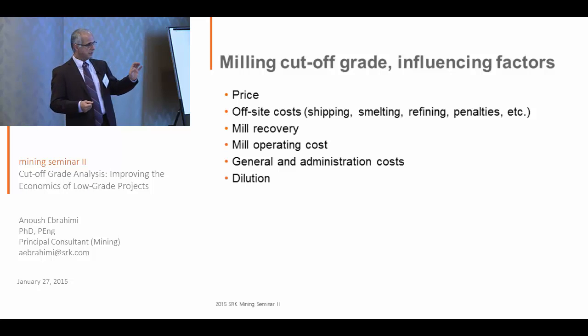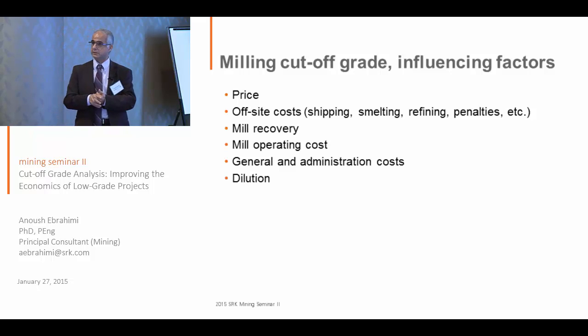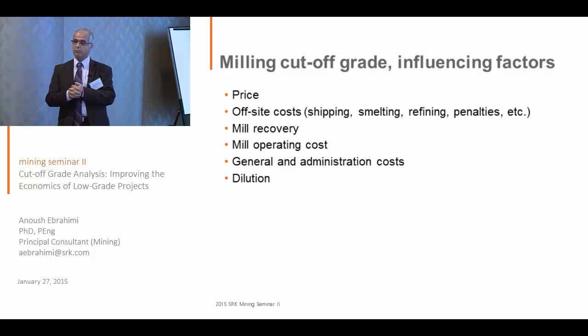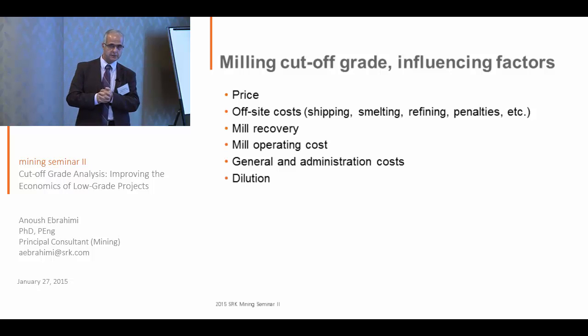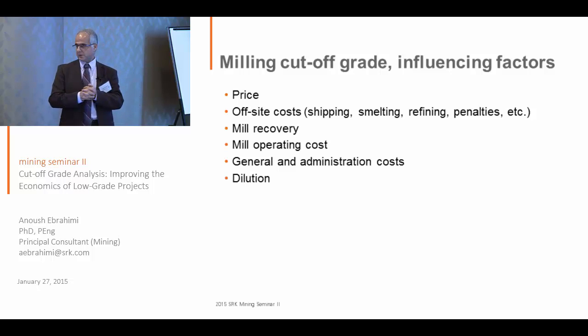There are lots of parameters that influence the cutoff. The most important one is the price. Price is the most powerful factor in mine design, and that affects the cutoff. Nowadays, about 3 weeks ago, the copper price was 3, now it's 2.5.